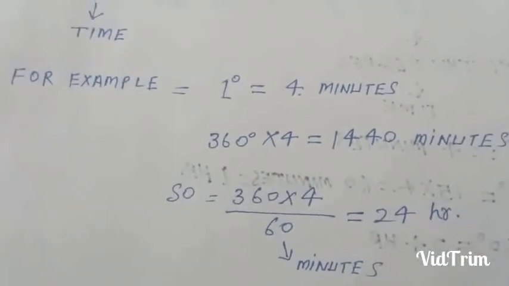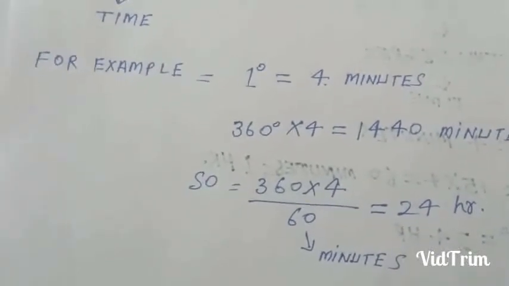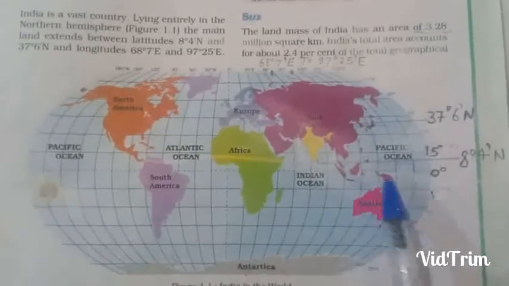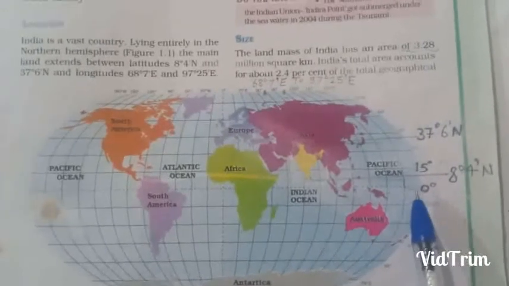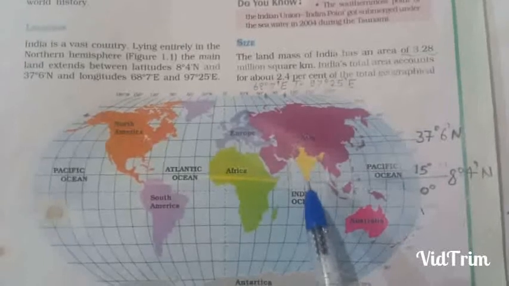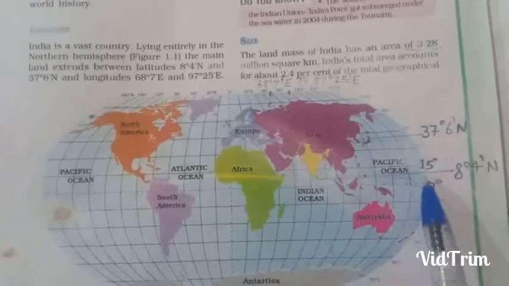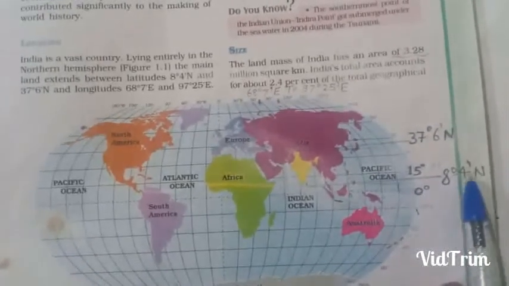Now let us understand the location with the help of the map also. Now let us see, this is the equator, you know it is located at 0 degrees. Now you can see just above it, near the equator, 8 degrees 4 minutes north.